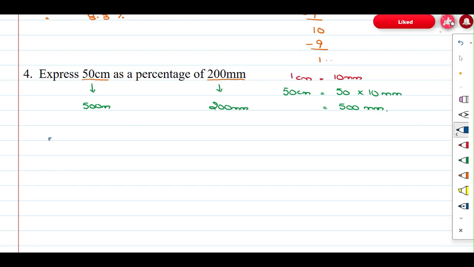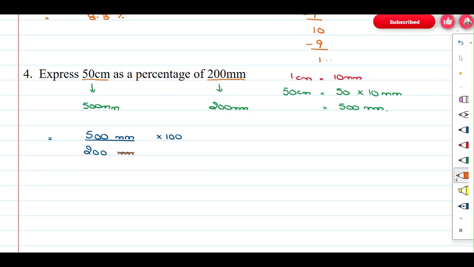Now we need to express 500 millimeters as a percentage of 200 millimeters.